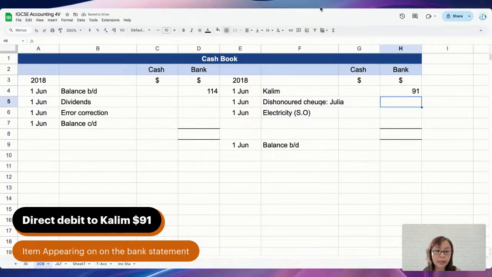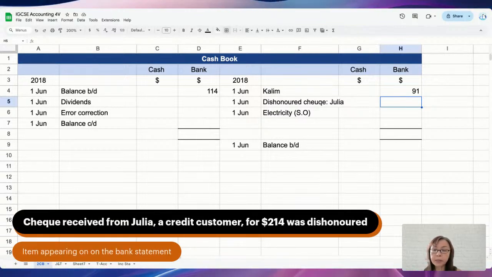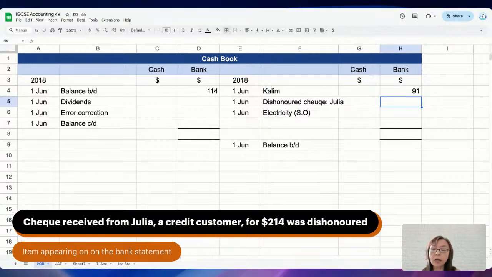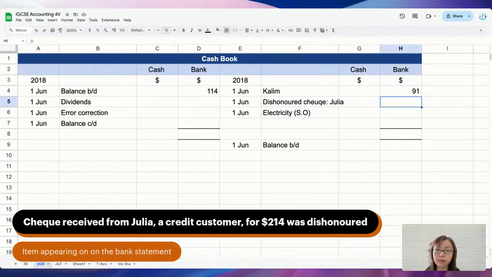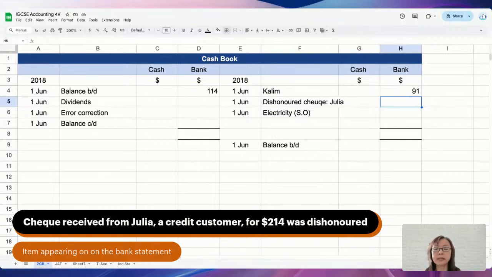The next item that appears in the bank statement but not in the cash book is the check received from Julia, a credit customer, for 214, which was dishonored. That means the bank did not recognize and won't process this check, which is 214.